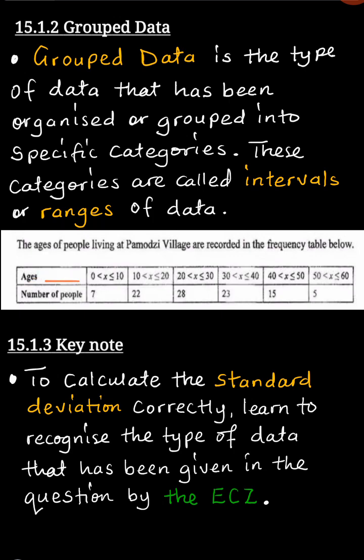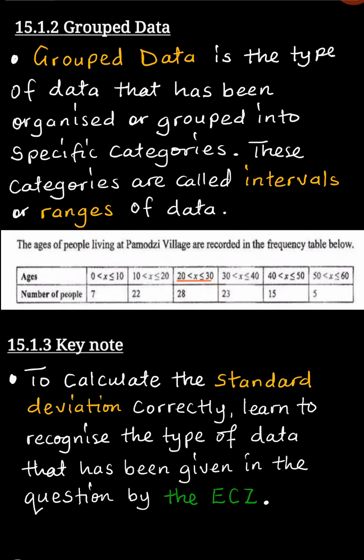Now, when you look at our data carefully, you are going to discover that this data has been presented or organized in intervals or ranges. So we have the people of ages between 0 and 10. So the people of age between 0 and 10 were 7. The people between the ages of 10 and 20 were 22.